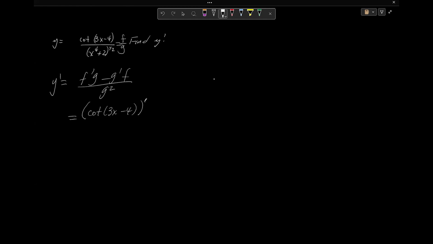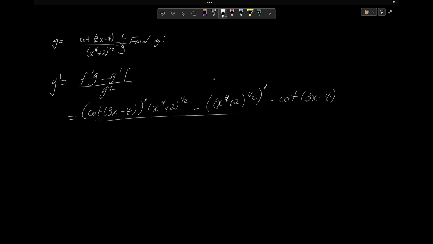Derivative times the bottom minus the derivative of the bottom times the top over the bottom squared. When I square the 1/2, it goes away.